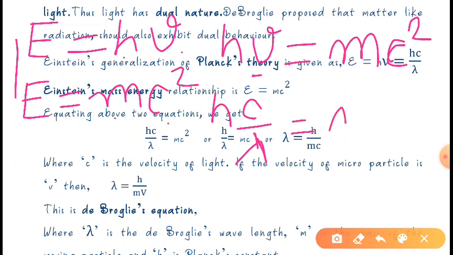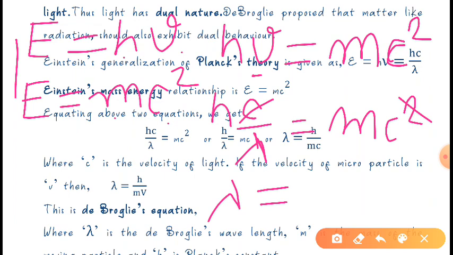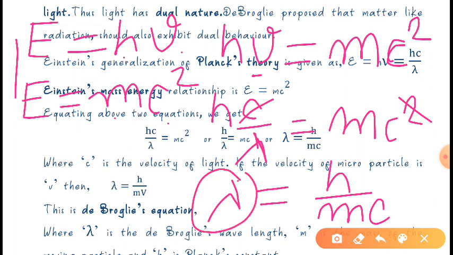So h c by lambda equals mc square. This will cancel out and this will cancel out. At last we can write lambda is equal to h by mc. This equation is called the de Broglie equation, where the wavelength lambda is called the de Broglie wavelength.